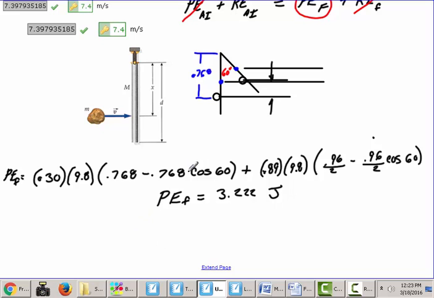Now we know after impact, when this particle is going in, we want to find the kinetic energy right at this point. So the kinetic energy at impact must also equal 3.22 joules.